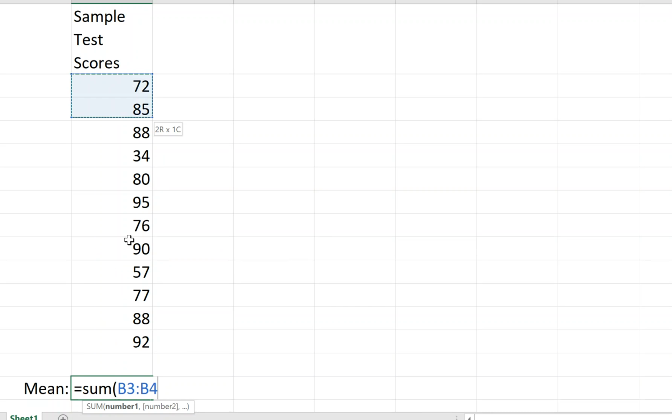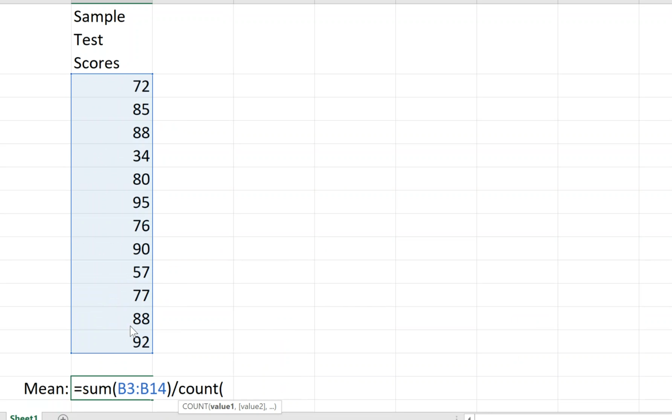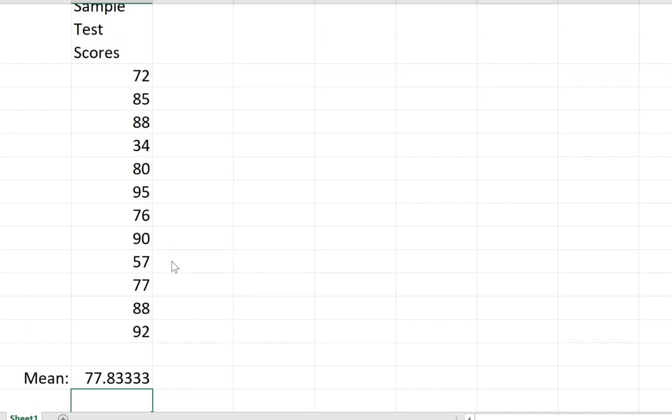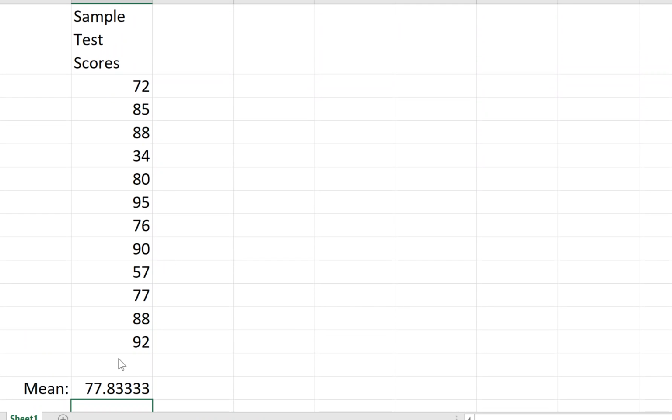You don't need to learn the Excel unless you just absolutely want to. The sum of those data values divided by the count of those data values, how many there are. Okay. So here is our mean for this sample data. Think of that as the middle of your data.